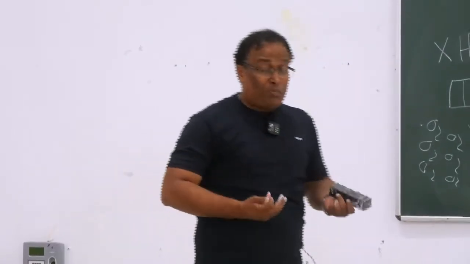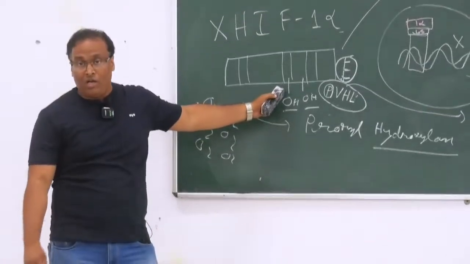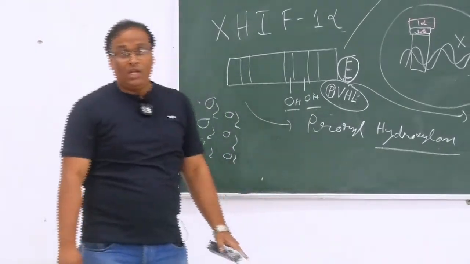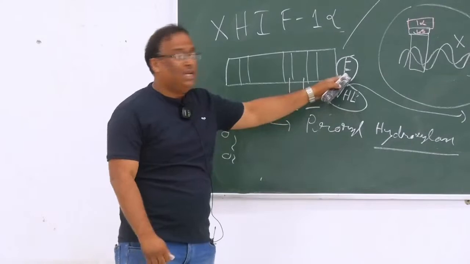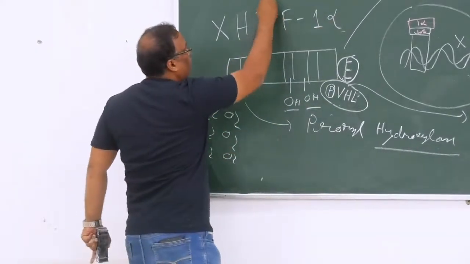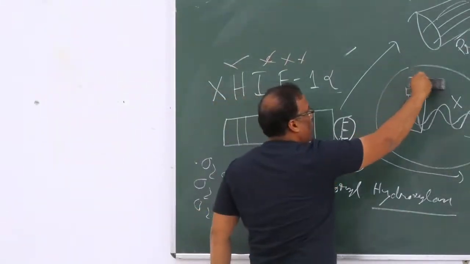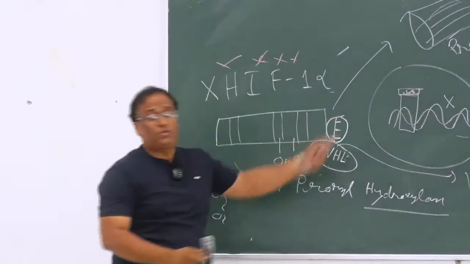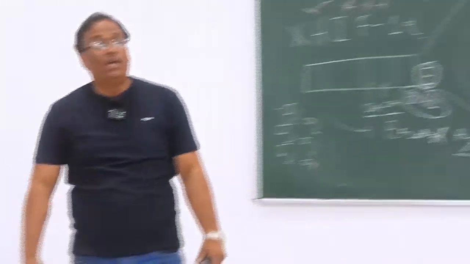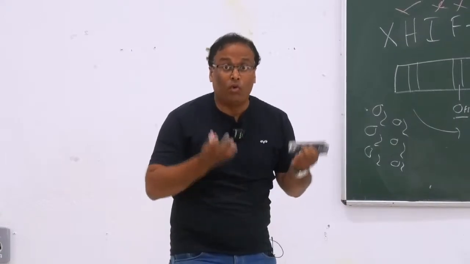So whenever oxygen is present, hydroxylation of this 1 alpha happens, then connection with the VHL protein, then ubiquitin, then it is degraded by the proteasome, broken into small pieces. So if it is absent, there is no question of any further transcription, translation, etc. So there is no formation of erythropoietin in case of normal oxygen.